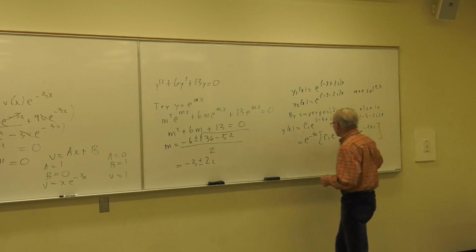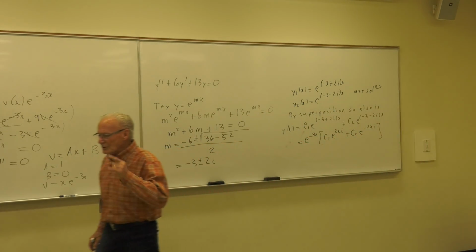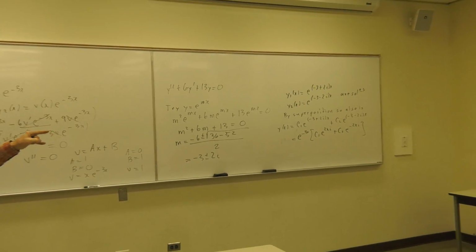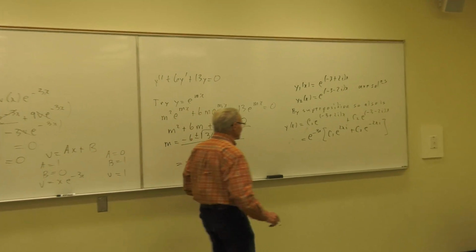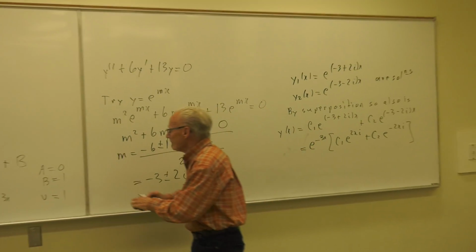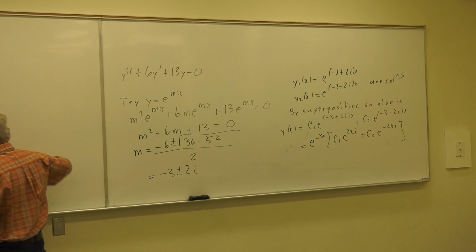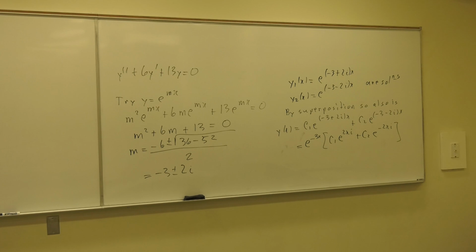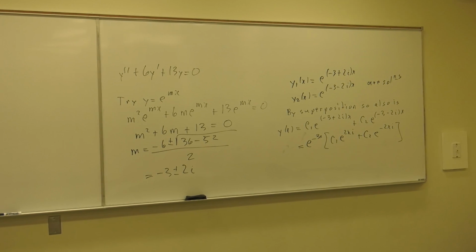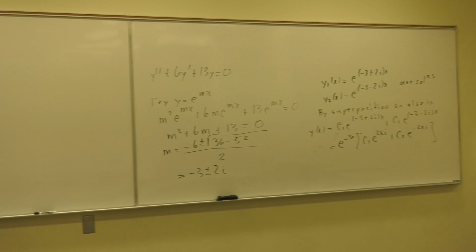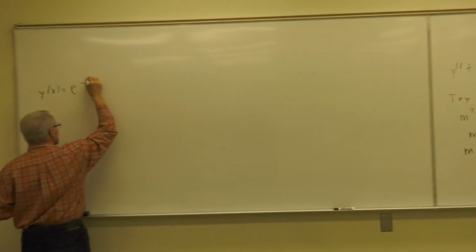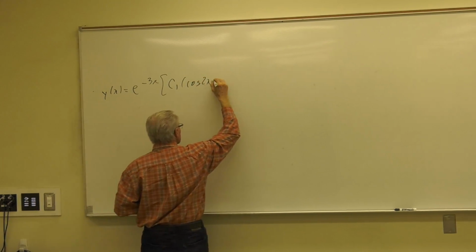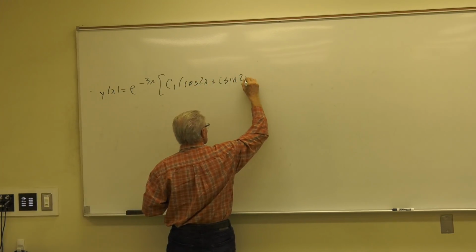And remember in first year when you studied complex numbers, you had this thing called Euler's identity that I could apply to those exponentials. So let's do that. y of x is equal to e to the negative 3x, c1 times (cos 2x plus i sin 2x).